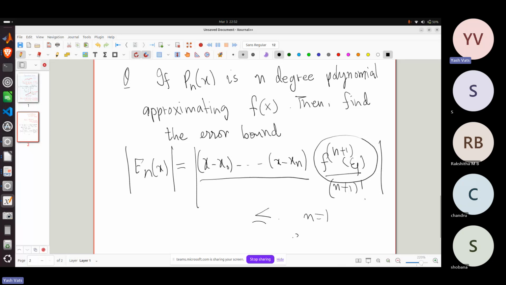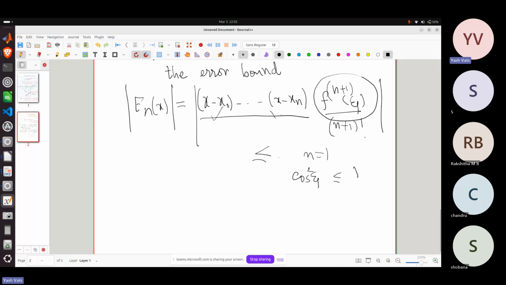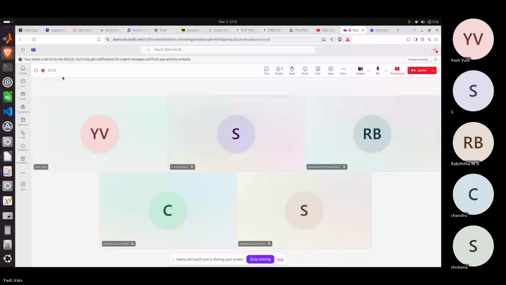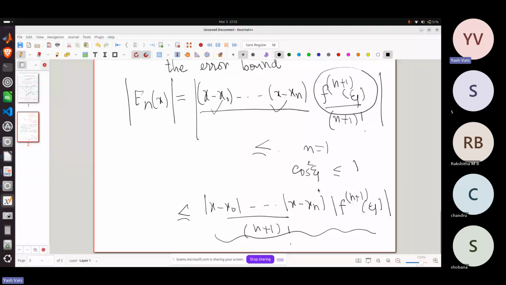If n is 1 and, suppose, it is cos(xi), then you can bound it by 1. You can bound the terms x minus x naught, x minus xn directly, and the other term you can bound by this, and this term you know how to bound. So you can easily find your error bound. This one is your error bound. Is that clear, everyone? Sometimes this can be asked in your question.